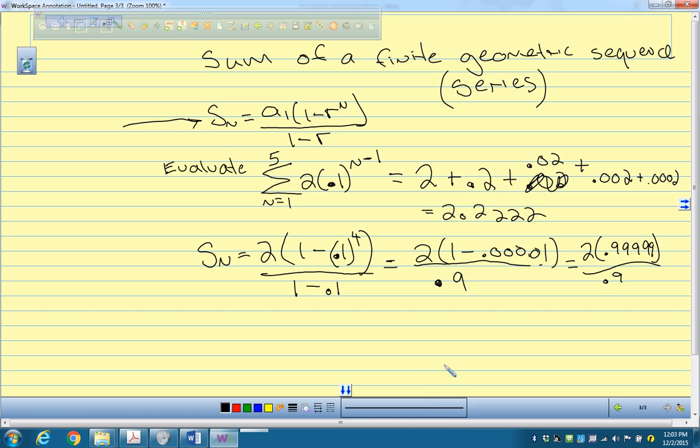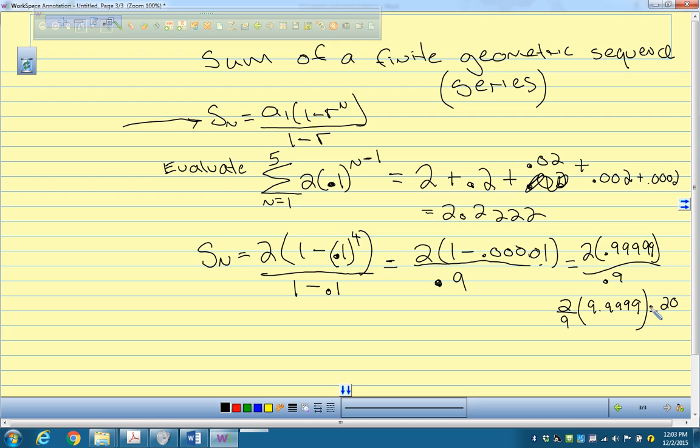And so if you did that, you could multiply everything by 10. If I multiply everything by 10, I get 2 divided by 9 times 9.9999, which gives me really close to 20 over 9.